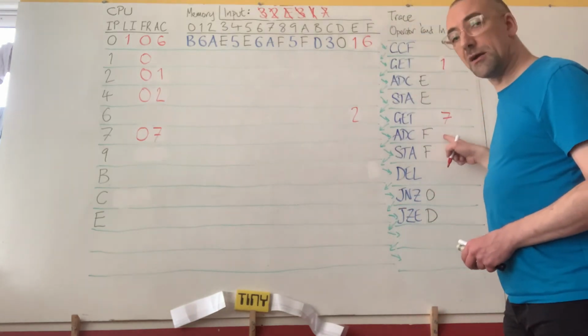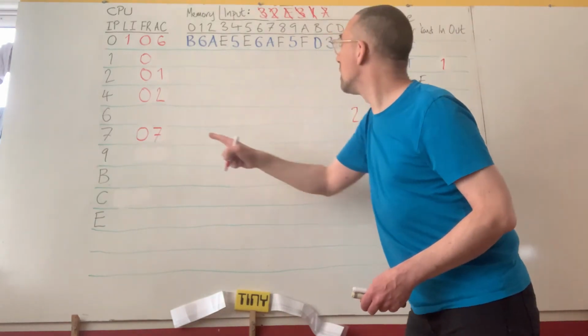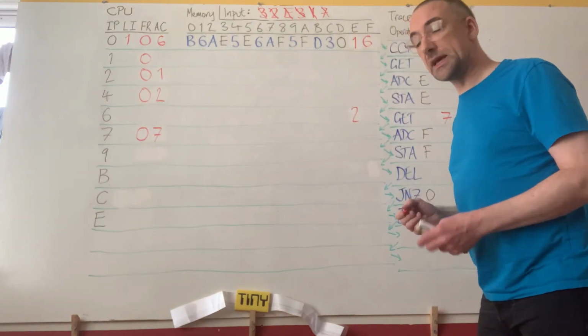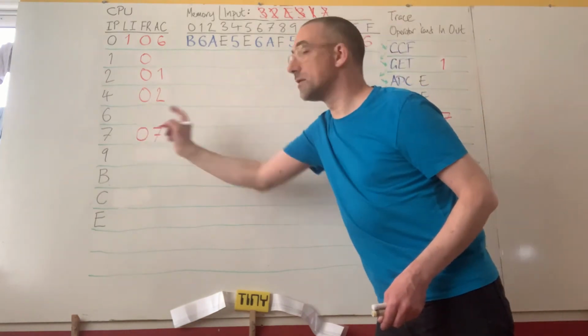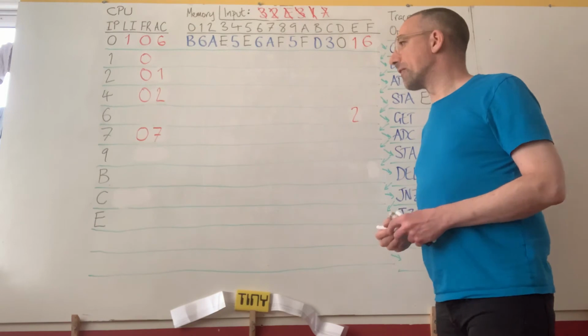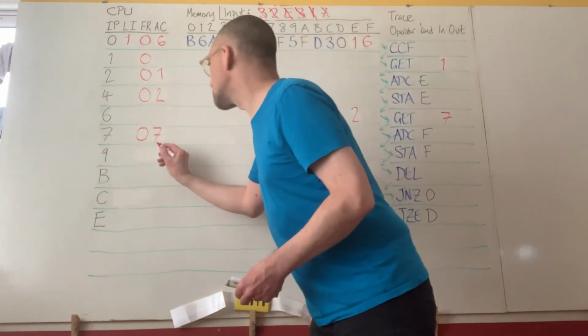Our add with carry will then add the 7 onto the running total in location F, which is 6, and a carry of 0. 7 plus 6 is 13, that's D in hexadecimal.